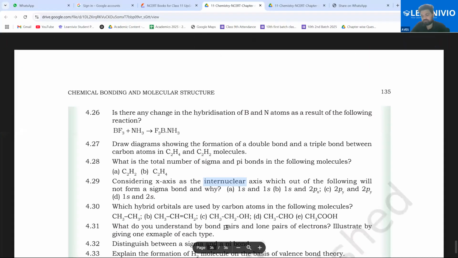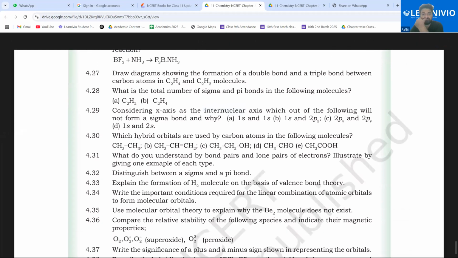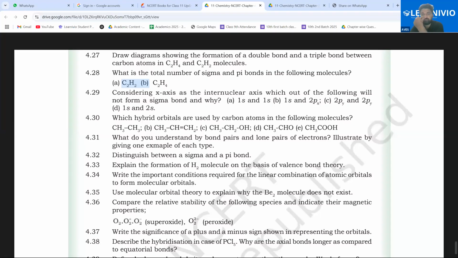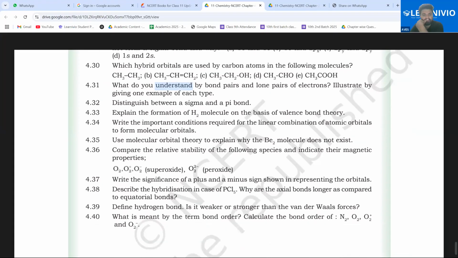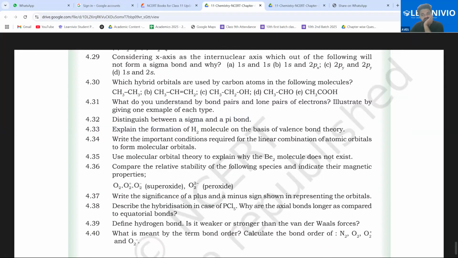Next one. Explain the formation of H2 molecule on the basis of valence bond theory.